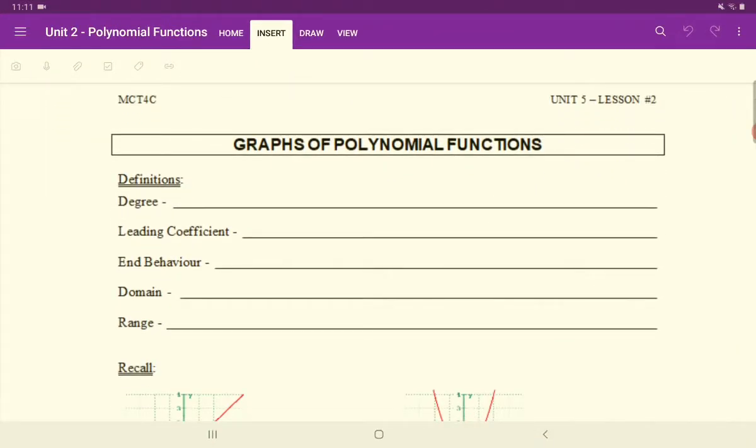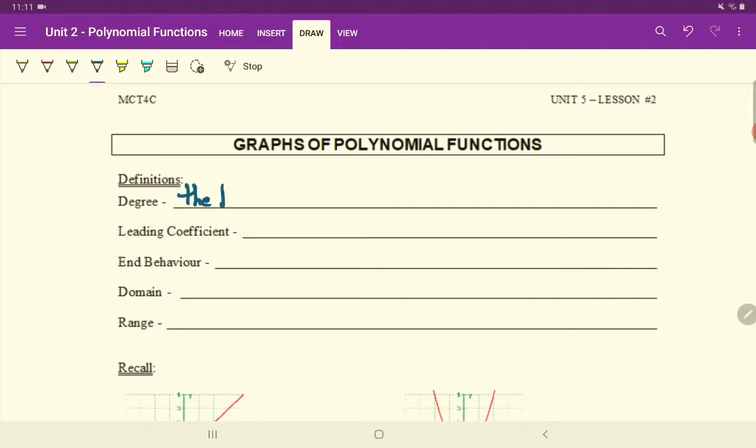Let's remember these definitions and have a discussion regarding them. The degree of a polynomial, remember, is the highest of the degrees that have non-zero coefficients.